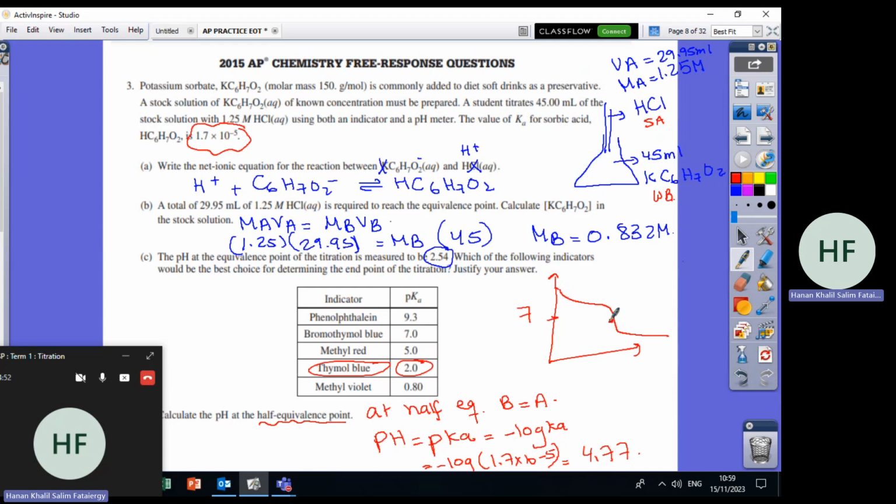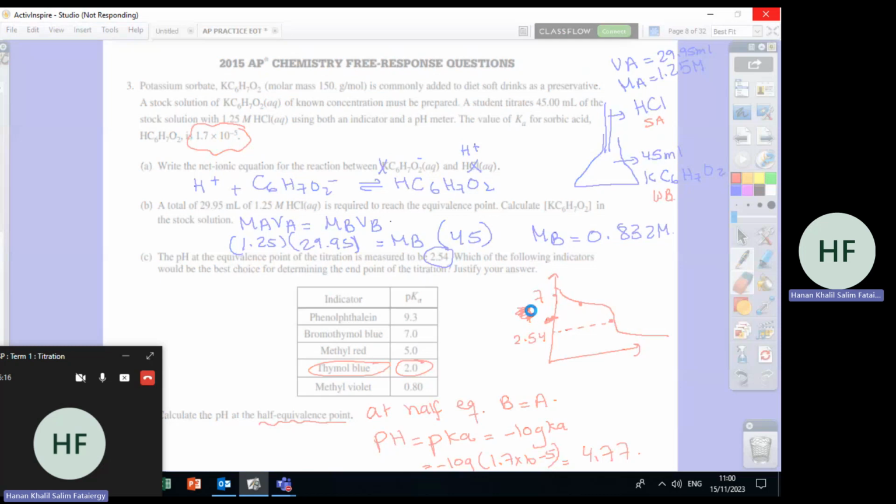Okay, the equivalence point here is at 2.54. And this is the half equivalence point.